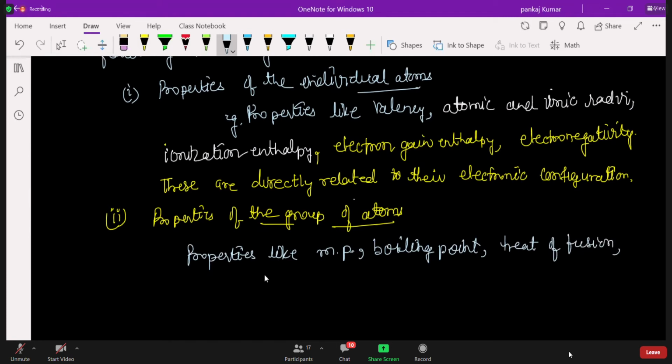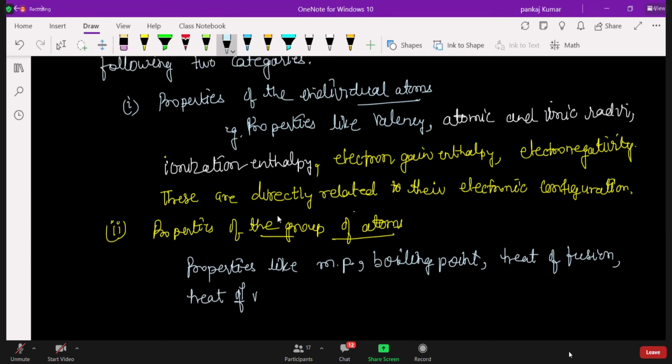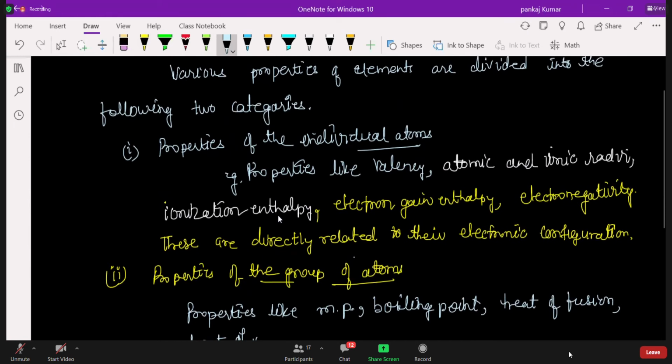Heat of vaporization, energy of atomization, density.